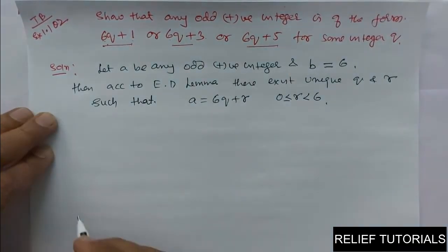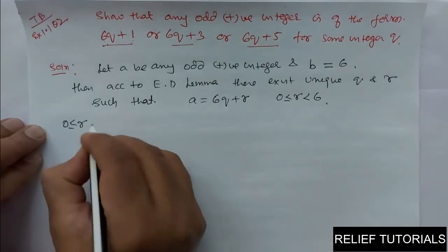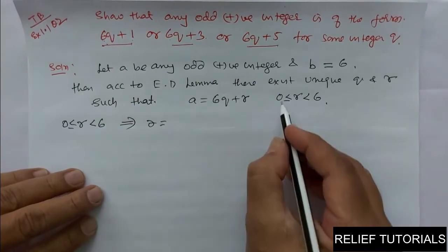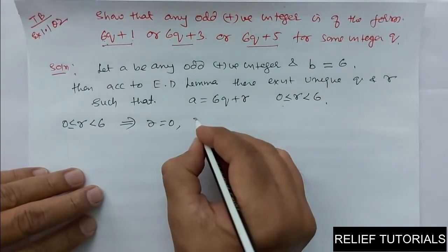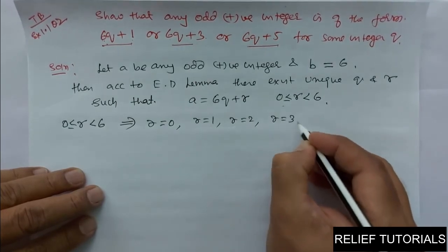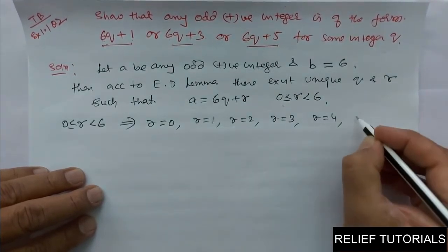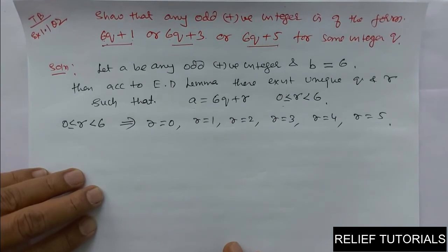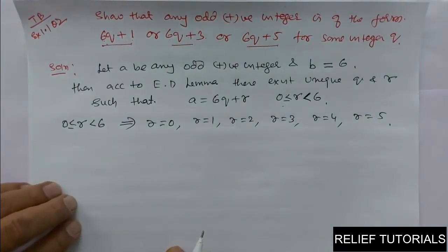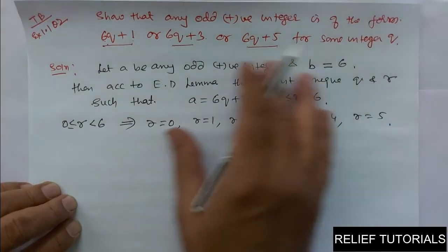B is 6. Now r greater than or equal to 0 and less than 6 implies r is 0 or r is equal to 1 or 2 or 3 or 4 or 5. r is not equal to 6. Why? Because r is less than 6. Clear? So I told you no need of doing q.